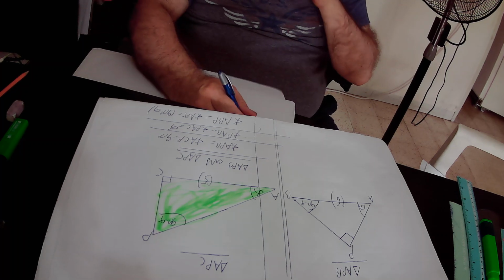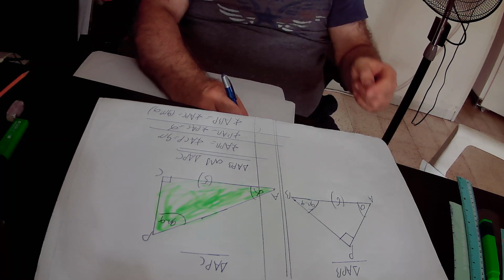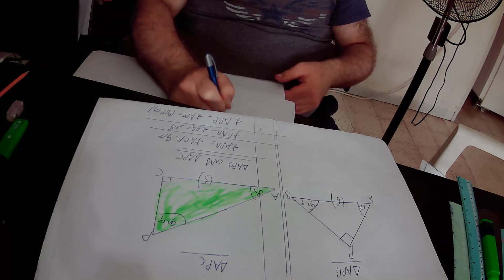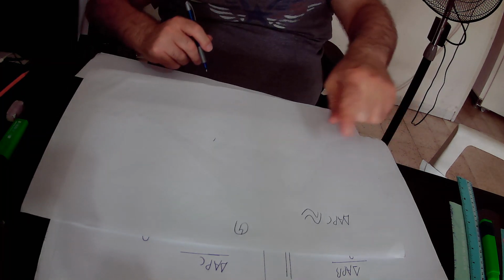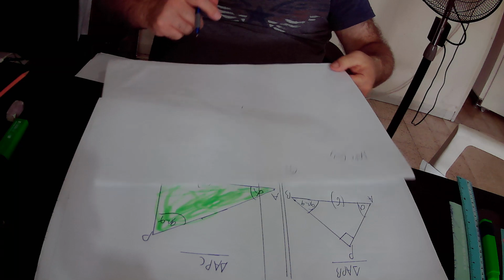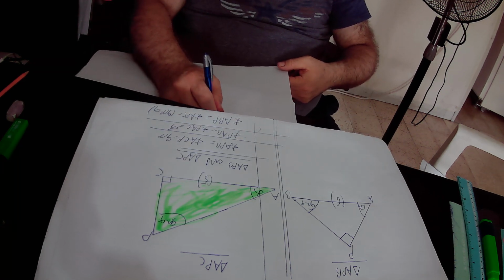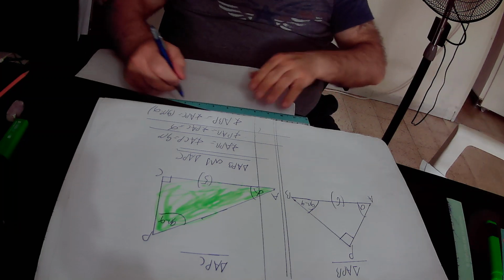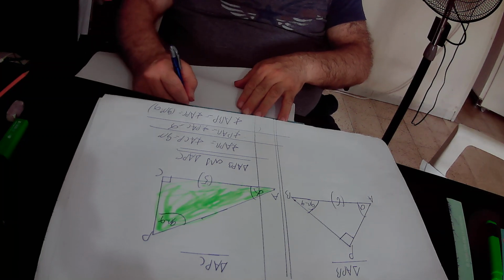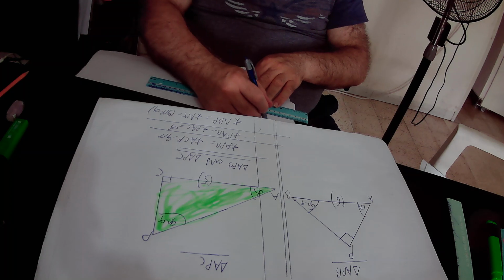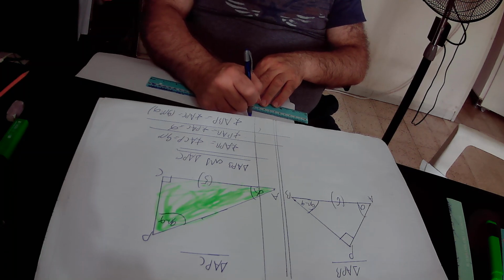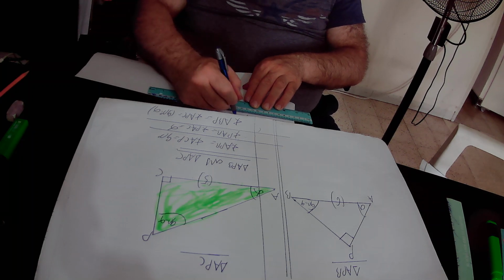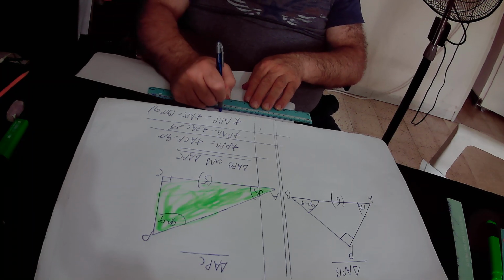The right green triangle APC is similar, this is the sign of similar, to the right triangle APB, according to the angle similarity rule.